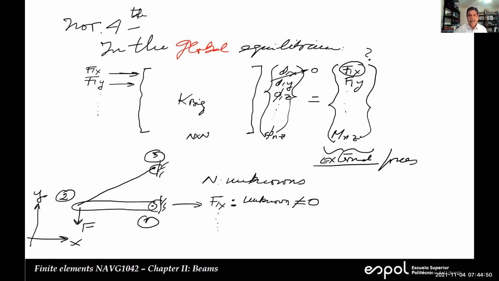Many people write that f1x was 0, for example, and that's incorrect. It's an unknown. The thing is that for the problem, you did not need to calculate the reaction, because the displacements were enough. That's something that I want to emphasize.